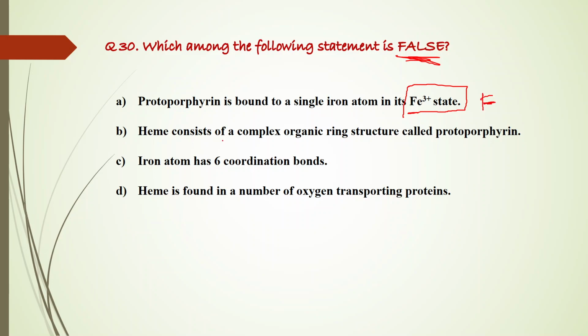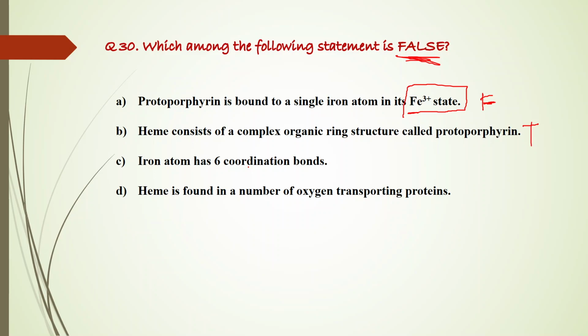Next comes, heme consists of a complex organic ring structure called protoporphyrin. Absolutely, heme consists of a metal ion Fe2 plus and an organic ring structure called protoporphyrin. So this statement is true. Next is, iron atom has 6 coordination bonds. Absolutely, I will show you the structure in a moment.